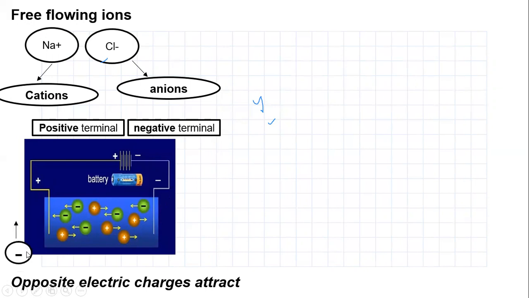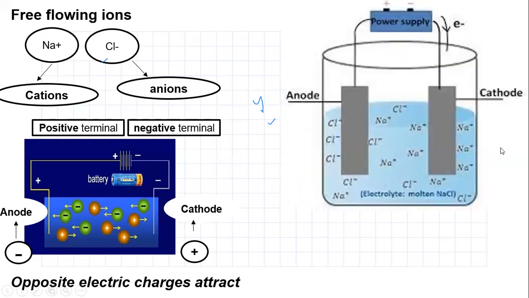Since the negative ions move toward the positive electrode, we call this electrode the anode. Why? Anions move towards the anode. And all the positive ions, cations, move towards the negative electrode. We call it the cathode. Remember, anion, anode, and cation, cathode. Right. So here you can see what happened after electrolysis.